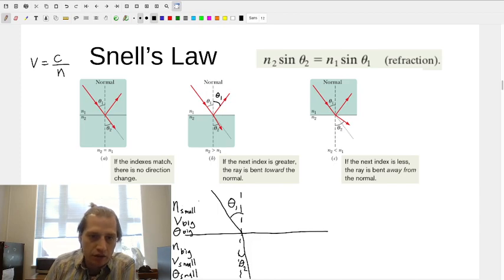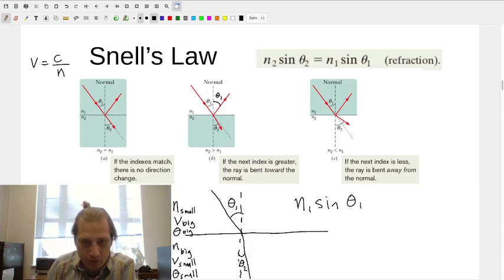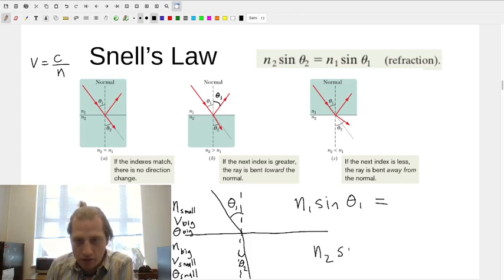And so here, this would be your N1, V1, angle 1, N2, V2, angle 2. N is a property of the material, V is a property of the light, and the angle is a property of the bending at the interface. And so that's where we say that N1 sine of angle 1 equals N2 sine of angle 2.